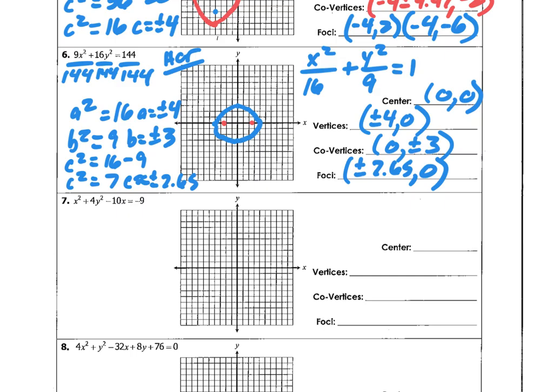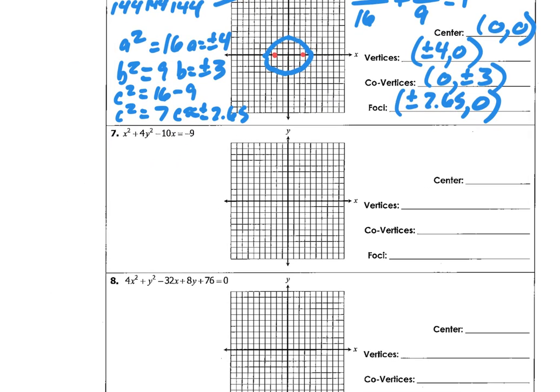This one down here, we might start the day off tomorrow with doing this one. I don't think we'll have time to do both of these today. But number 8 has both an x and a y in it. So the first thing that I would do here is x squared minus 10x plus something plus 4y squared equals -9.